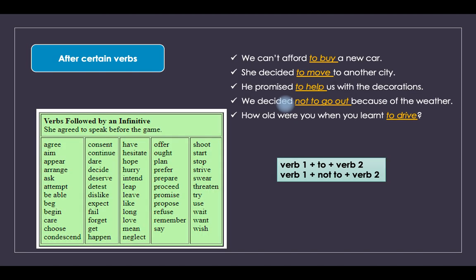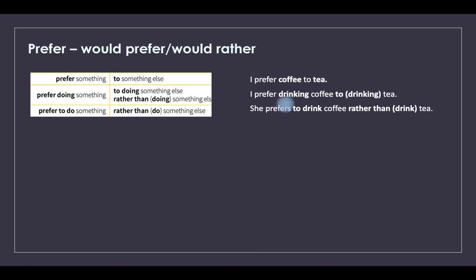Prefer, would prefer, or would rather. We use prefer with infinitives, sometimes with gerunds, we say I prefer something. Yeah, about nouns, I prefer coffee to tea. So I like coffee more than tea. That's the meaning.